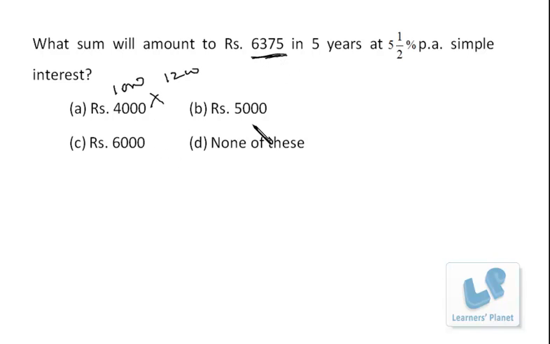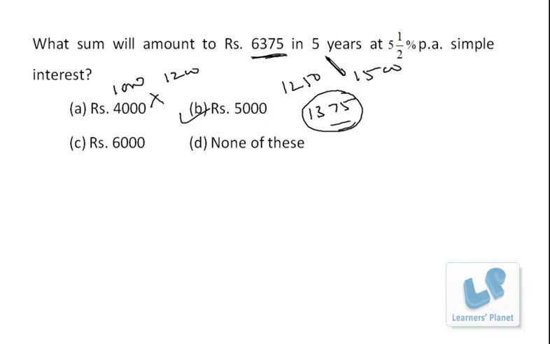Now let's take 5000. 25% of 5000 is 1250 and 30% of 5000 is 1500. So 27.5% will lie somewhere in between, that will be 1375. If you add 1375 to 5000, you'll get 6375. So definitely 5000 is the correct option.